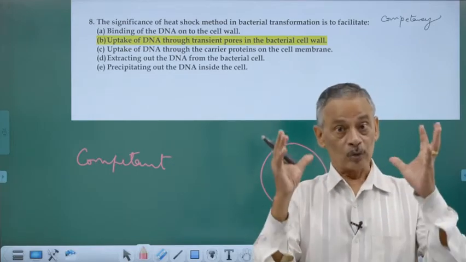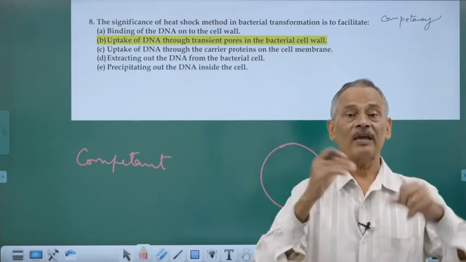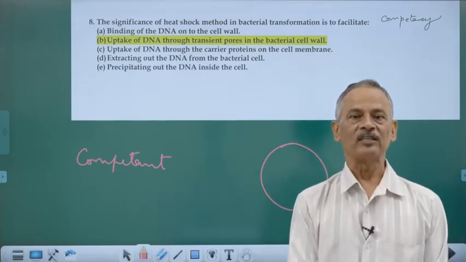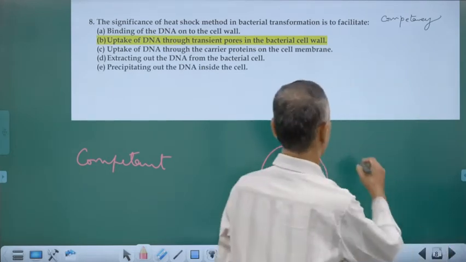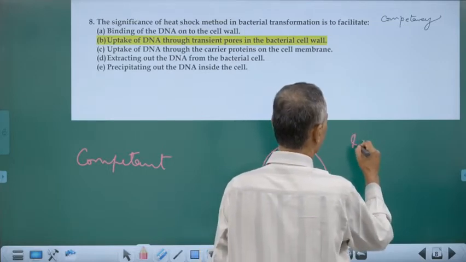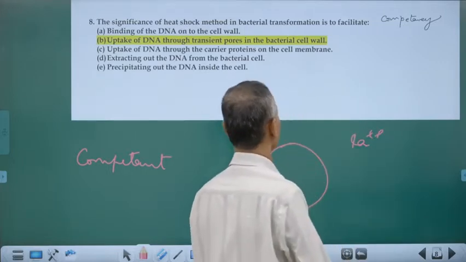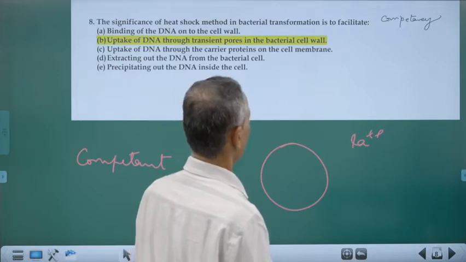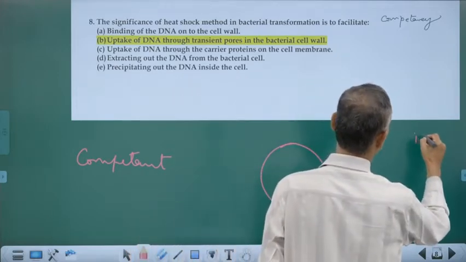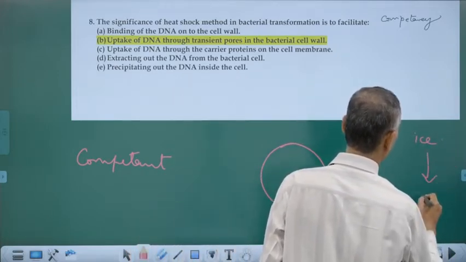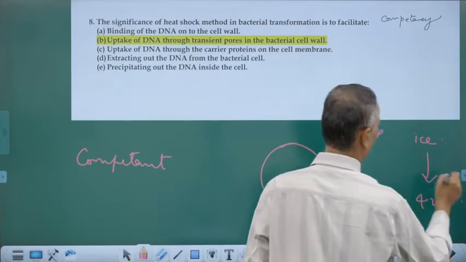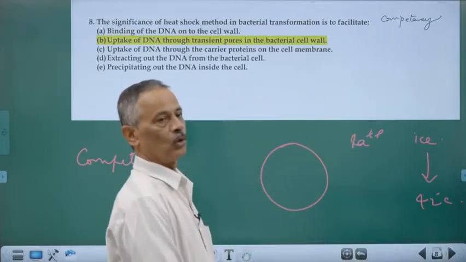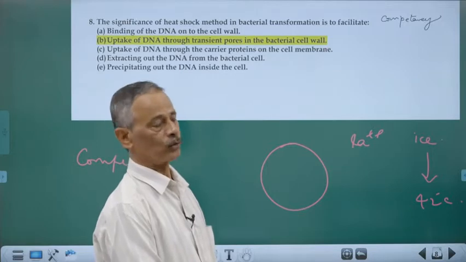You treat it with bivalent cation first and keep it in low temperature. So first of all, we keep it in bivalent cation like calcium, then keep it in ice, and suddenly you transfer it to a higher temperature of 42 degrees.